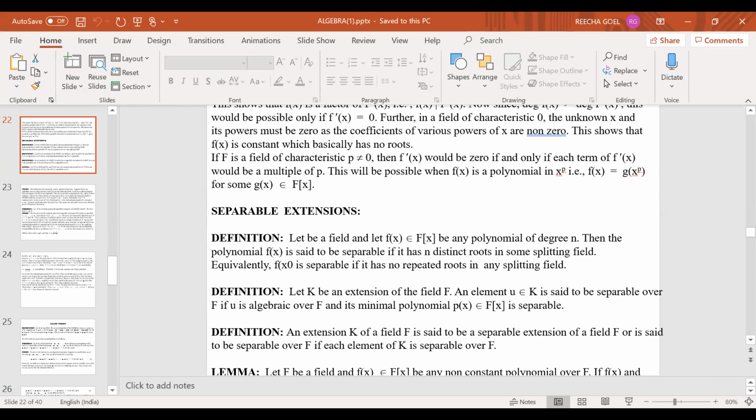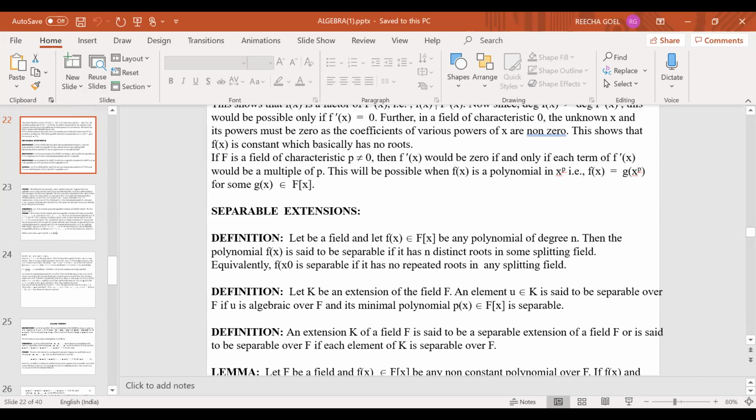If F is any field and f(x) is any polynomial of degree n, then we say that f(x) is separable if it has n distinct roots in any splitting field. That is, if f(x) has all distinct roots in its splitting field, then we say that this polynomial f(x) is separable.